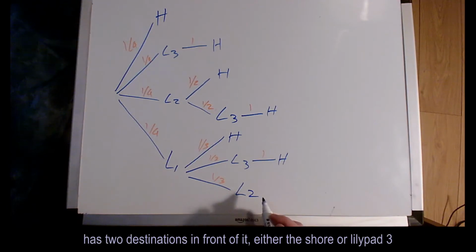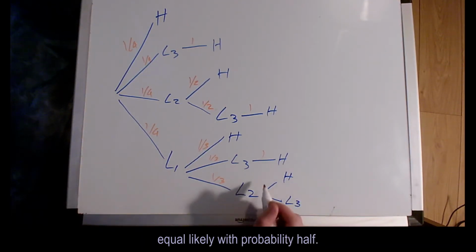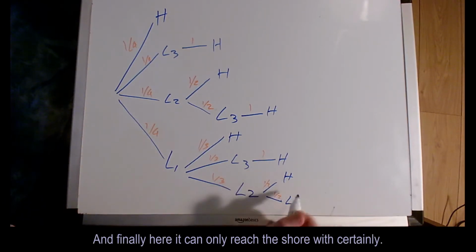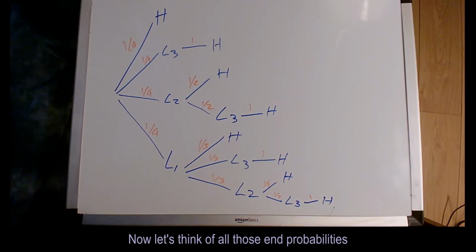And here, it still has 2 destinations in front of it, either the shore or lily pad 3, equally likely with probability a half. And finally, here, it can only reach the shore with certainty.